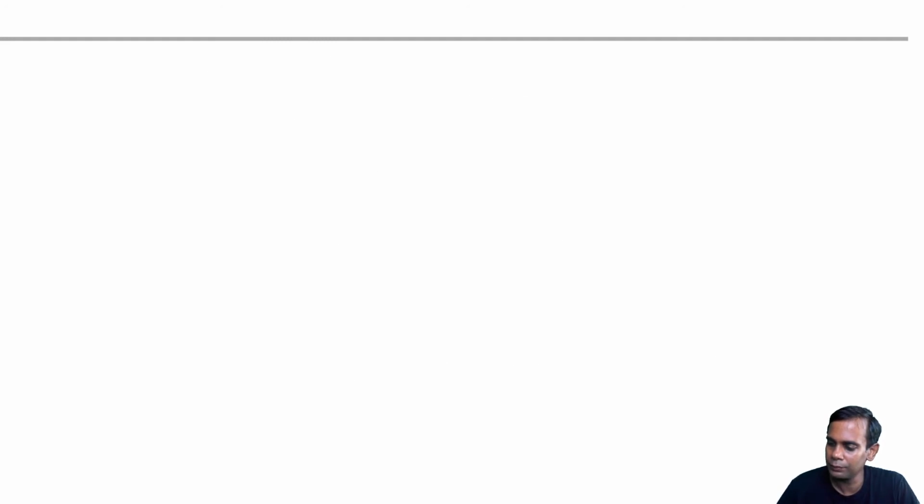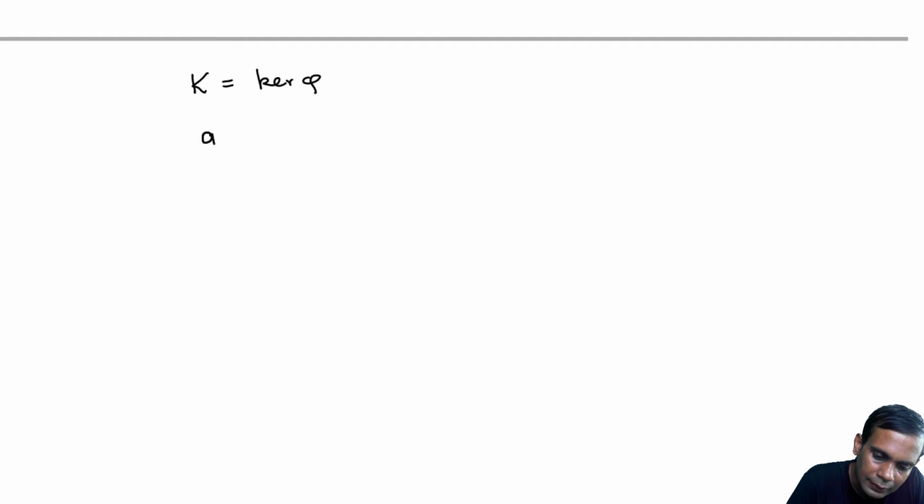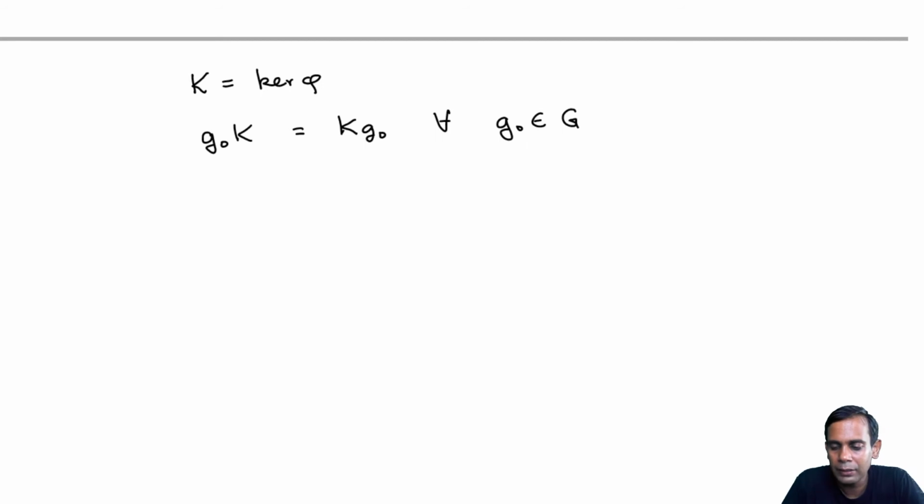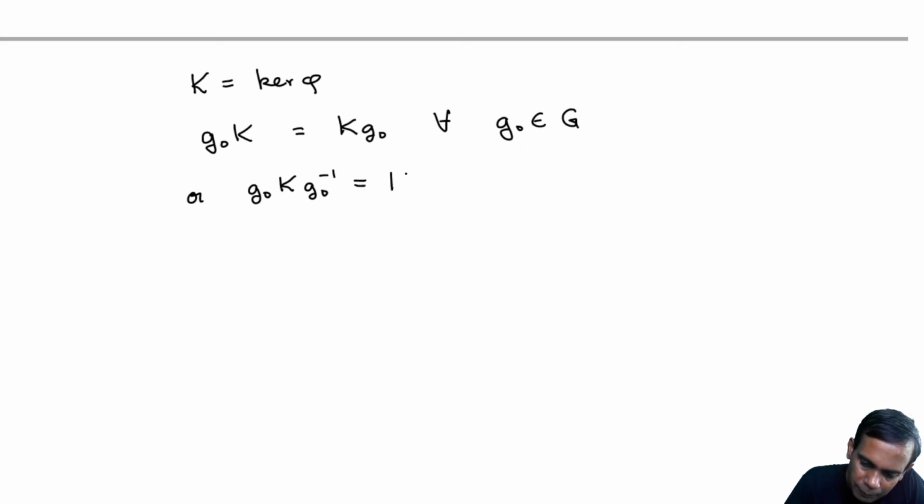Writing K for the kernel of phi, what we just saw is that g0 K is K g0 for all g0 in G. This argument that we had earlier applies to any element of G. This can be rewritten, multiplying both sides by g0 inverse, as g0 K g0 inverse is equal to K. This basically defines a normal subgroup.